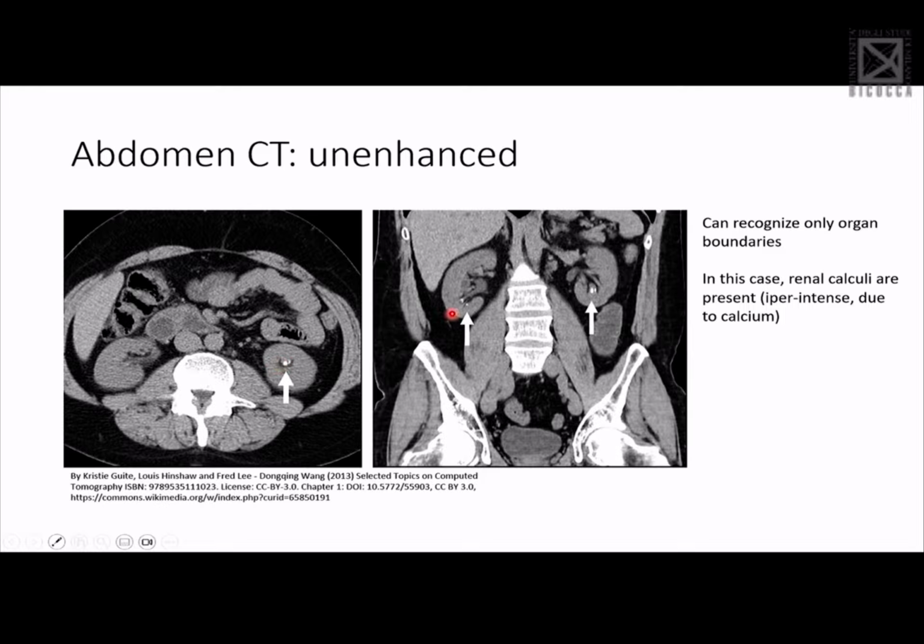But we don't see much on top of recognizing the boundaries of the organs. The only clinical finding that we can have here in this case are renal calculi, in the kidneys, which we can see easily because calculi contain calcium, and calcium is radiopaque. It's very hard to X-rays.